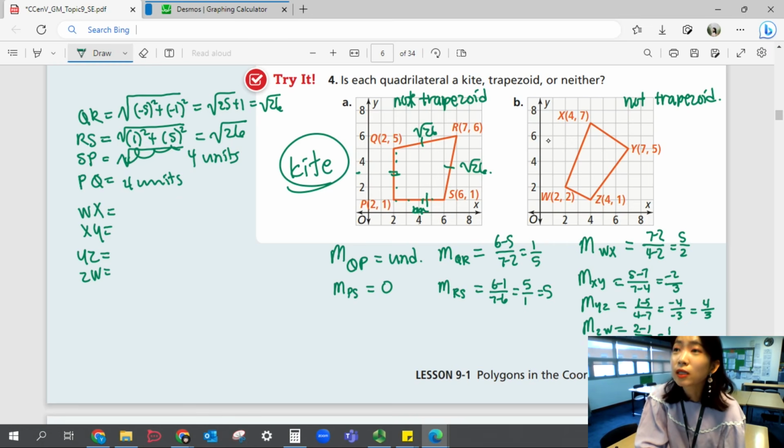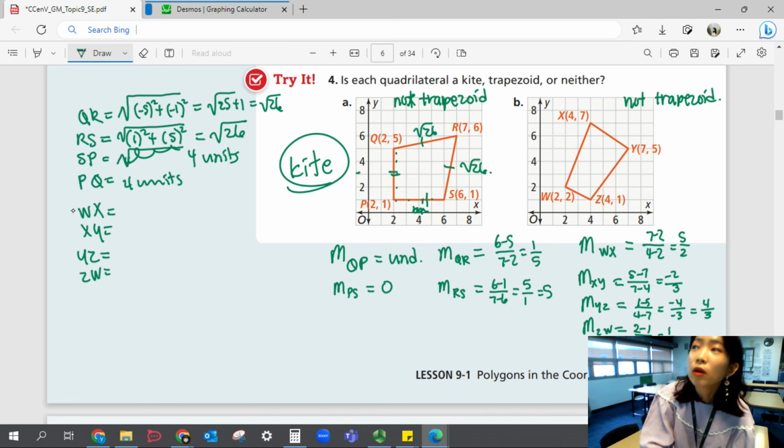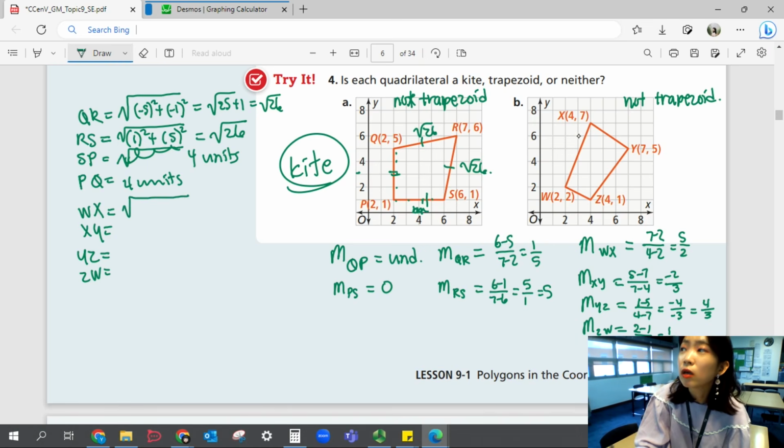Okay, and then let's check the distances for WXYZ. So WX will be square root of 4 minus 2 squared plus 7 minus 2 squared, and that is 2 squared 4 plus 5 squared 25, so square root of 29.